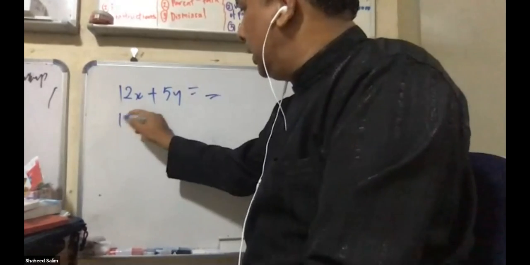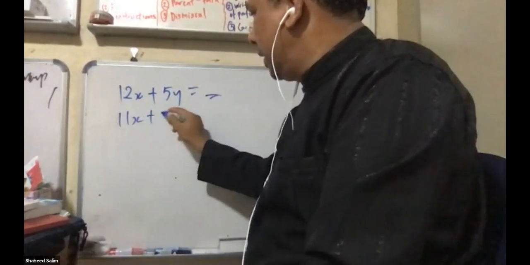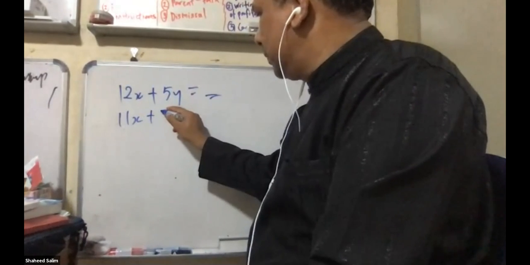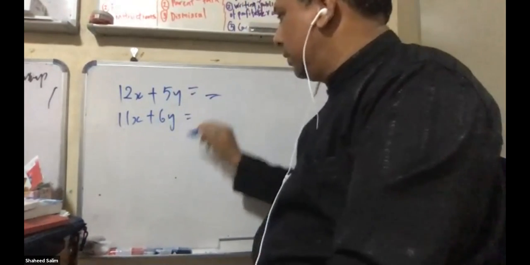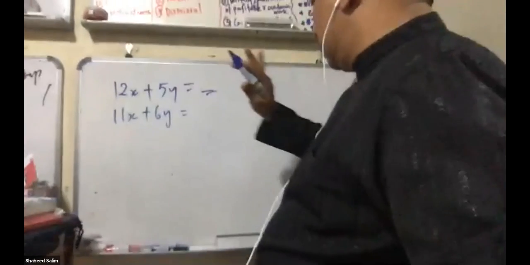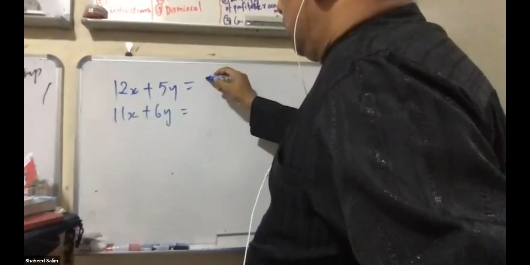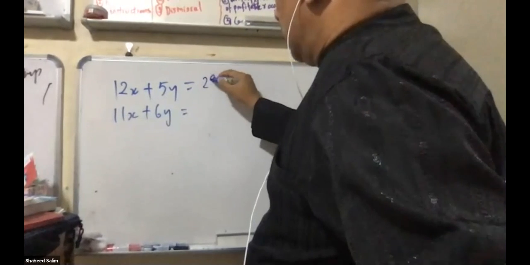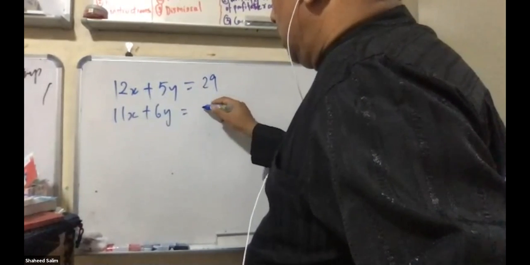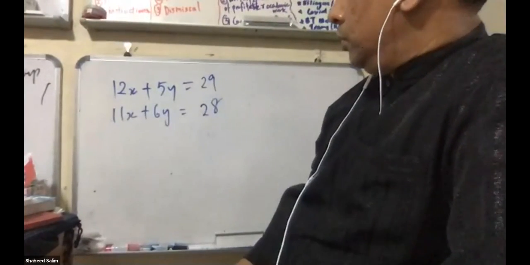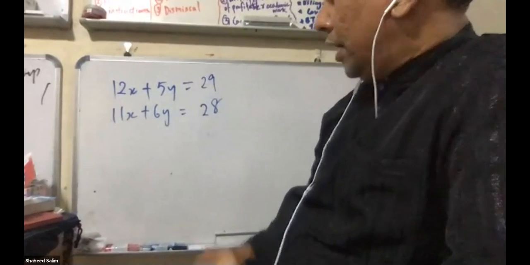Okay, then you got 11x plus, let's say 6y. Let's say now this one is 9, 28. So now you want to find out about the number.